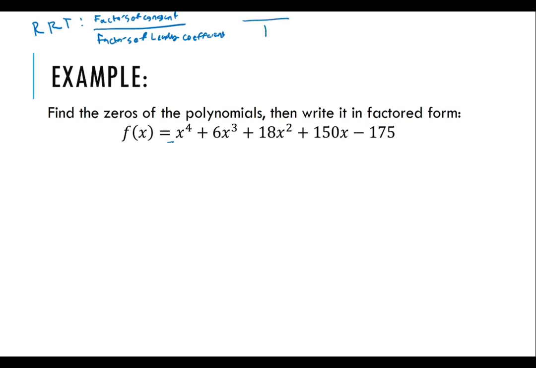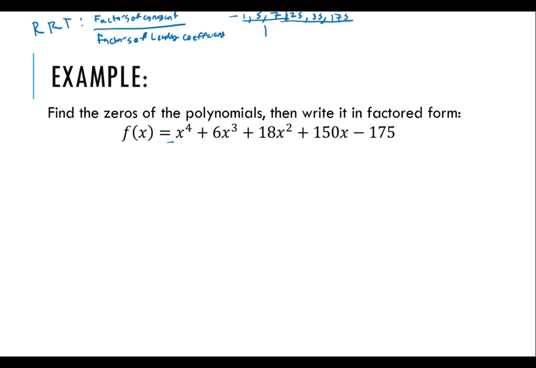And then the factors of 175, but the factors of 175 are all the numbers that multiply together to give us 175. That's 1 and 175, 5 and 35, and 7 and 25. So 1, 5, 7, 25, 35, 175.